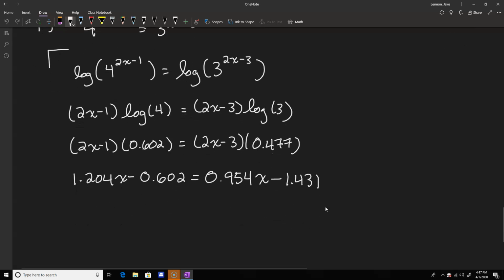Again, we want to move our x's to one side and our regular values to the other. I'll move the x's to the left this time and my regular values to the right-hand side. So I want to subtract 0.954x and add 0.602.